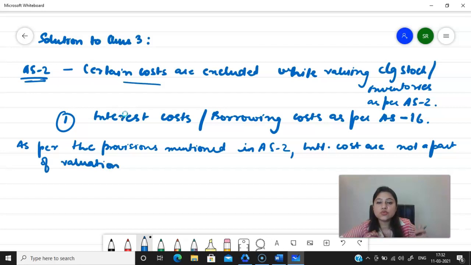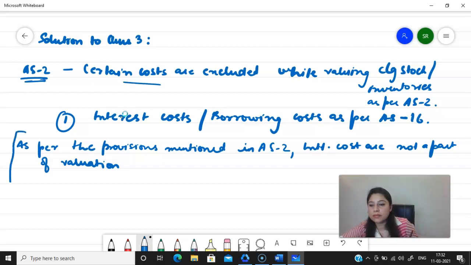This is the conclusion we are stating. Firstly, you mention the specific provision in the accounting standard. Then you mention the facts of the case, that such notional charges have been included while valuing the closing stock, and then you come to the final conclusion.